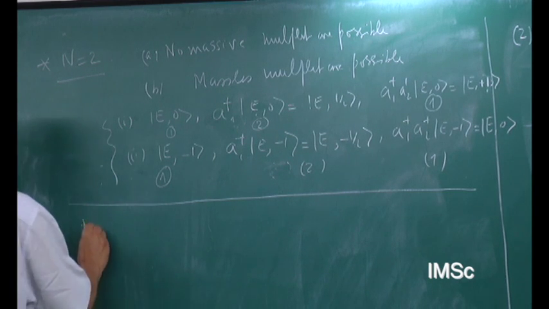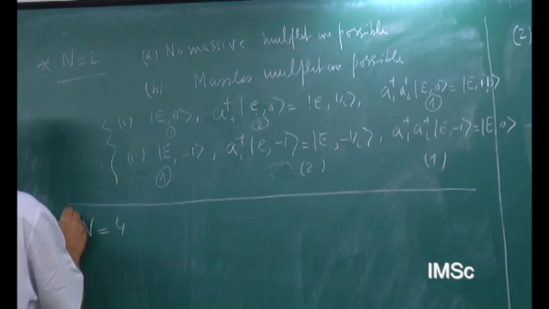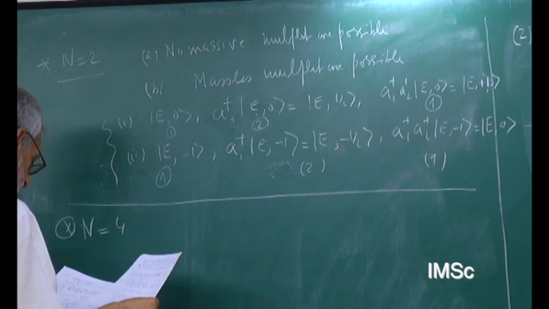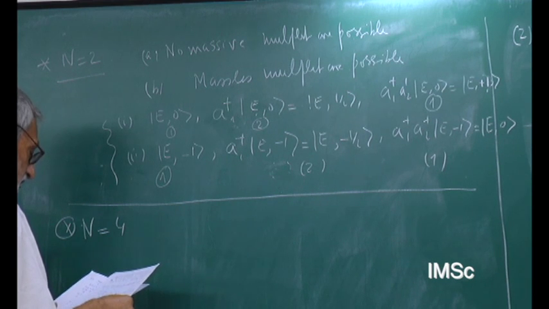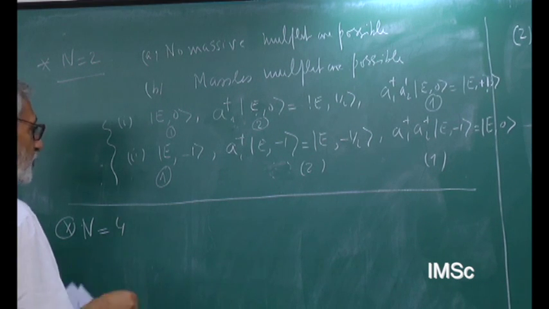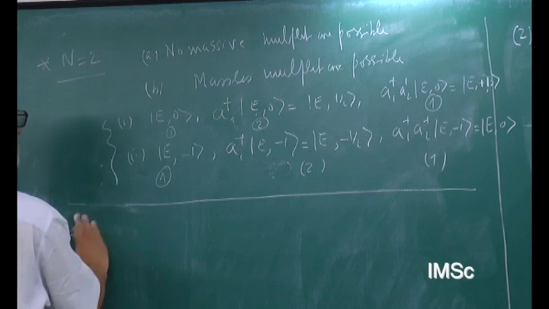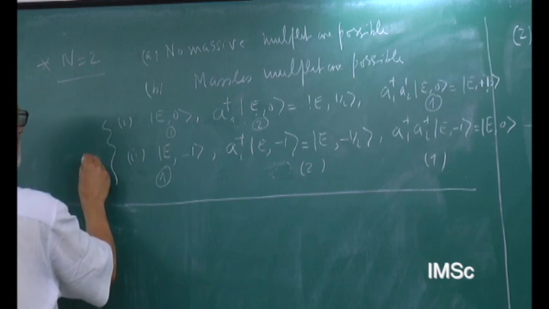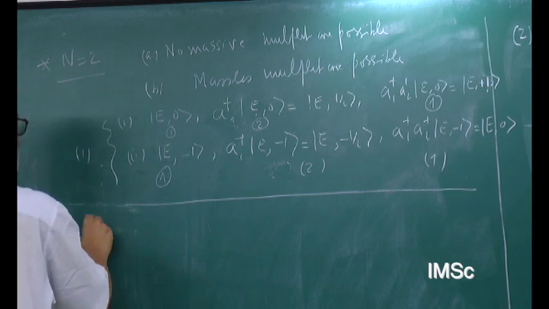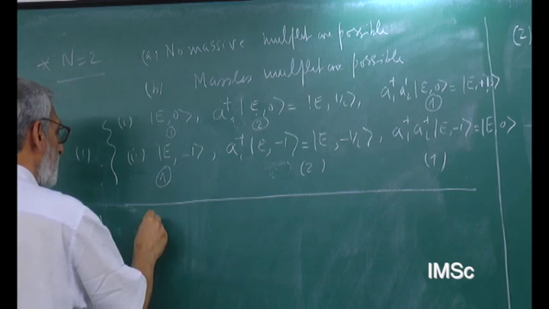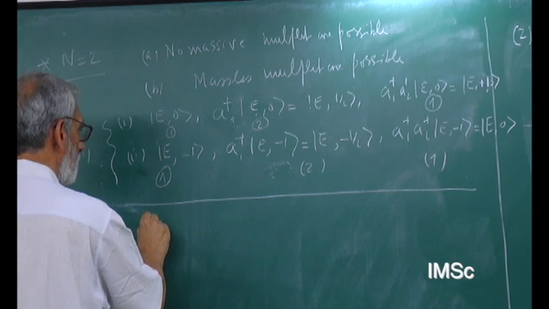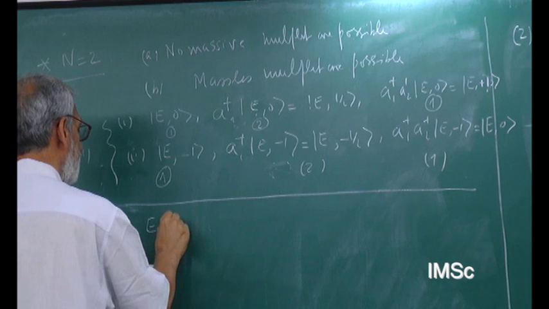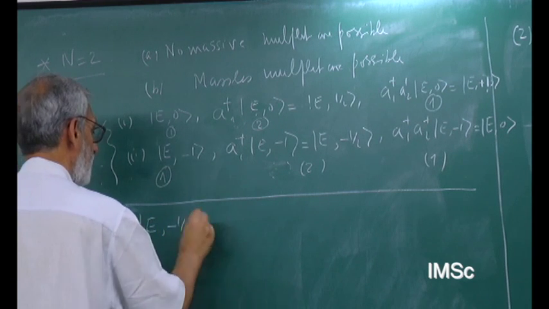So now N equal to 4. No, in fact, there should be one more for N equal to 2. Sorry. There is one self-conjugate representation, which will come from E. There is one more, this one.